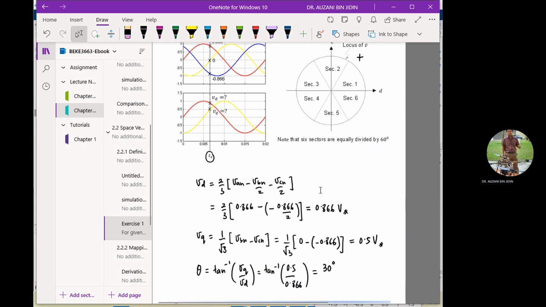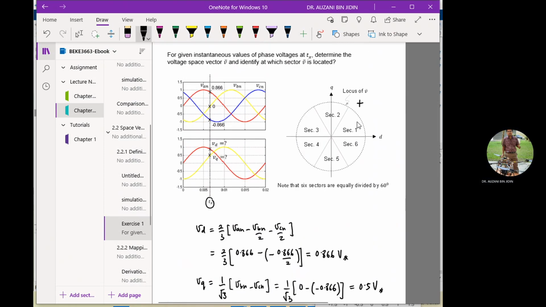Sector 1. From this diagram, we know that the space vector forms a circular locus, which we can divide into 6 sectors, equally divided by 60 degrees. So all the sectors have the same size, the angle difference here is 60 degrees.